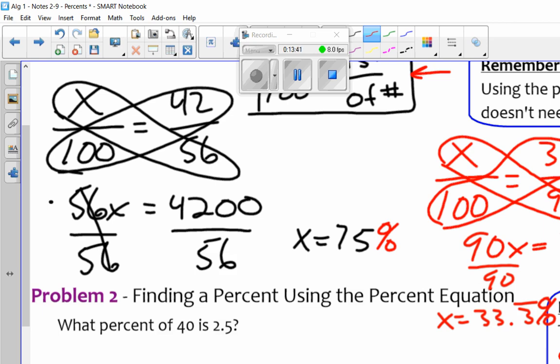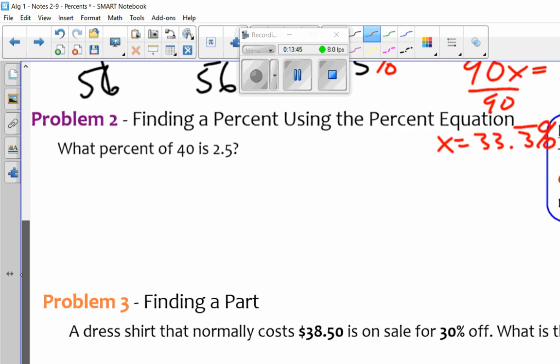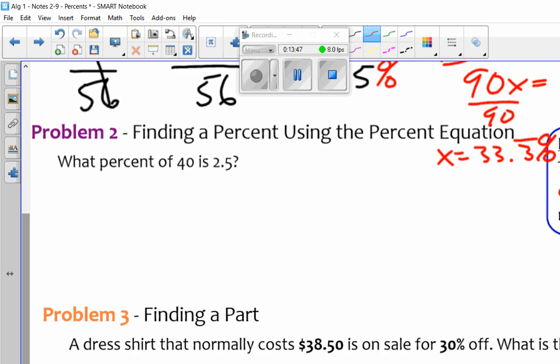We're going to come down here and do the same formula. It's asking us to use that funky one with a equals percent times b, and we're really going to try to stay away from that. Reading the question, what percent of 40 is 2.5? It's the same kind of question. They want me to get the percent. They give me an is number and an of number.